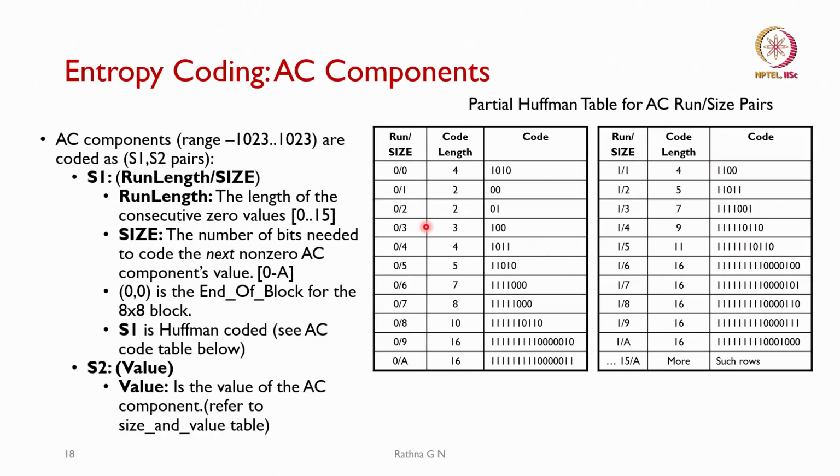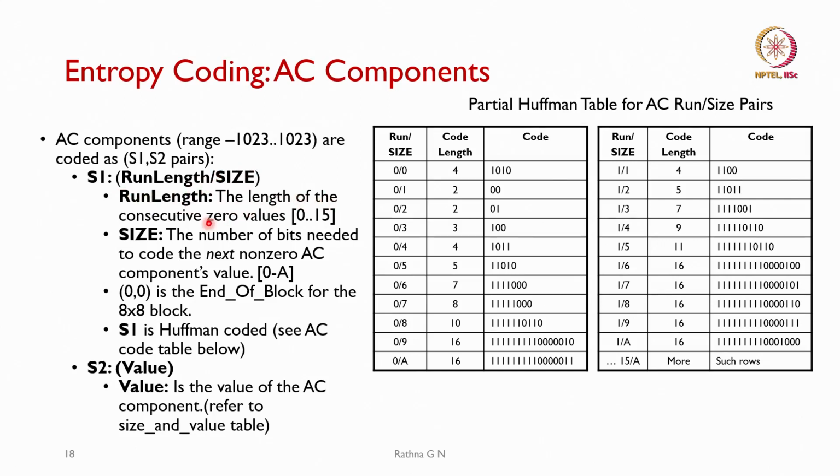Fine. Next is the entropy coding for your AC components. They range between -1023 and 1023, negative to positive value. So, you will be coding them as S1, S2 pairs basically, where S1 is run length and S2 is size. How do you take the run length?